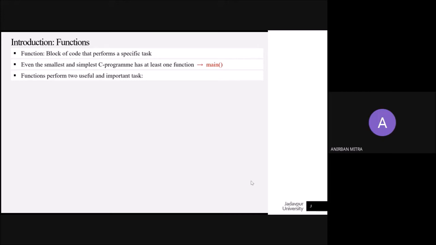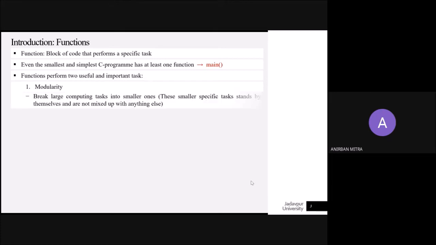First of all, they bring a certain modularity into the code. That means you are going for modular programs. You are breaking up large, complicated tasks into certain small fragments, which are supposedly much more easier to deal with.